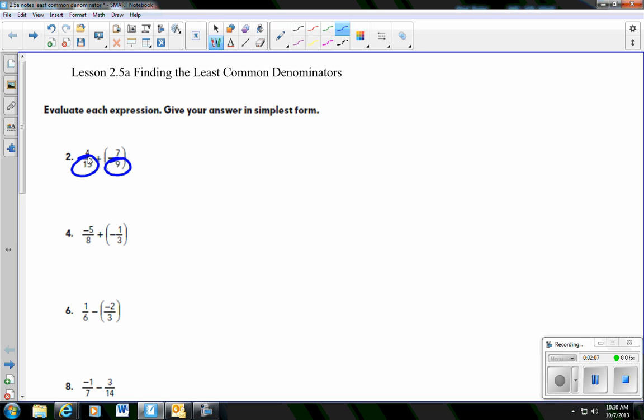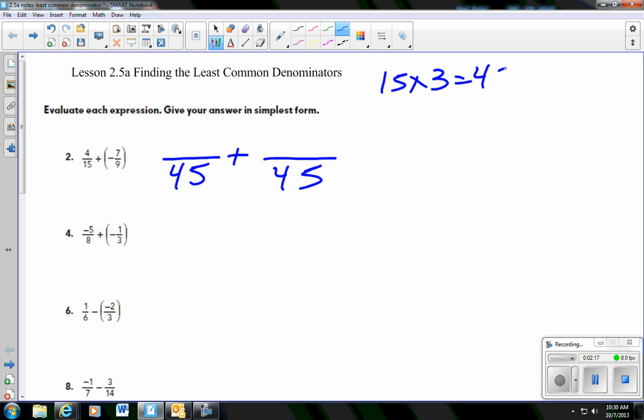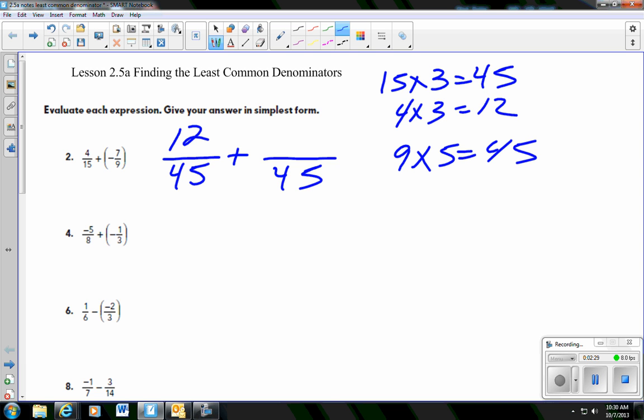Then we use that to rewrite our fractions. 45 plus 45, and then 15 times 3 gave us 45, so we have to do 4 times 3, which would give us 12. Then 9 times 5 gave us 45, so we have to do 7 times 5, which gives us 35.